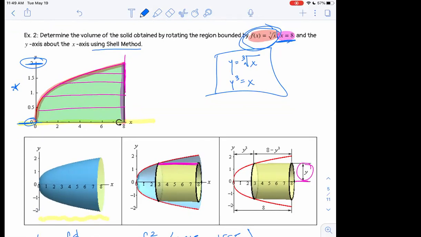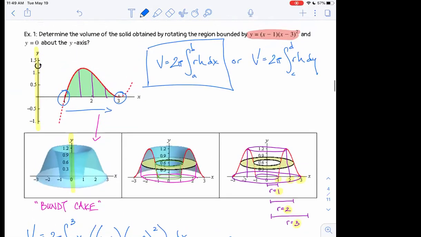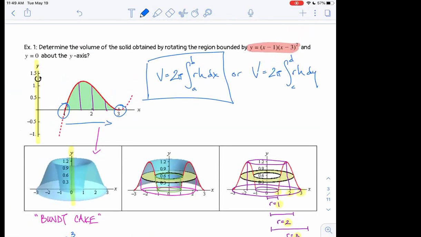Okay. So the reason why I wanted to do this example first is because you have to use shell method for that one. You don't have a choice. But there are oftentimes problems that you can do either way. You can do it using washer method, you can do it using shell method. But the setup for the two ways is different.